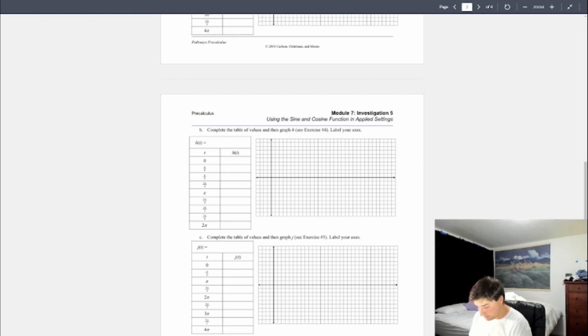H of t, this is the 2 times, this is the 0.5, so 0 times, still 0. Okay. Pi over 4, sine of pi divided by 4 is this. Oh, I have to multiply. It's sine of 2 times the time.